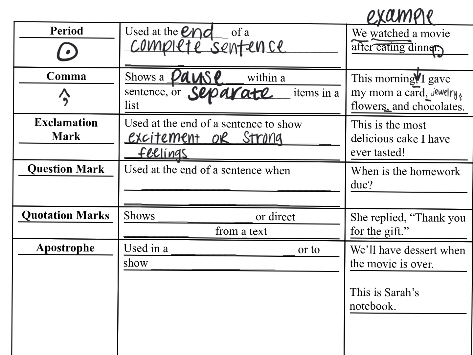Looking at our example, it says, "This is the most delicious cake I've ever tasted." Now, I know that if I am eating cake and I'm really enjoying it, I'm going to be excited about it. So I would use an exclamation mark there.